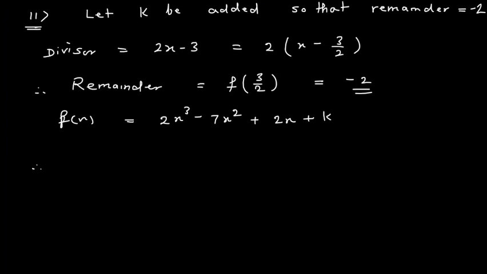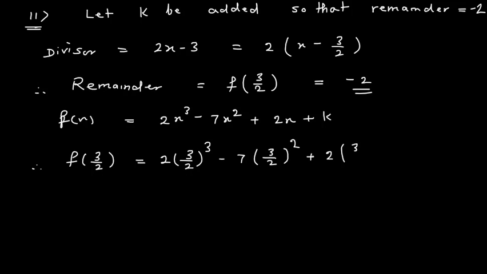So therefore f of 3 by 2 will become 2 into 3 by 2 cube minus 7 into 3 by 2 square plus 2 into 3 by 2 plus k. This will give me 3 3s are 9, 3 9s are 27.